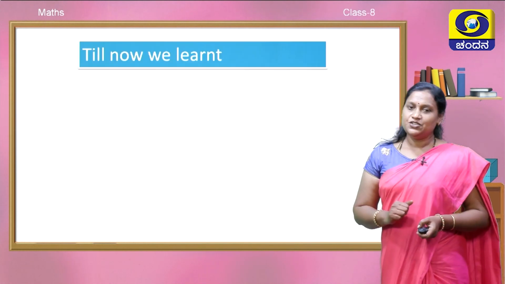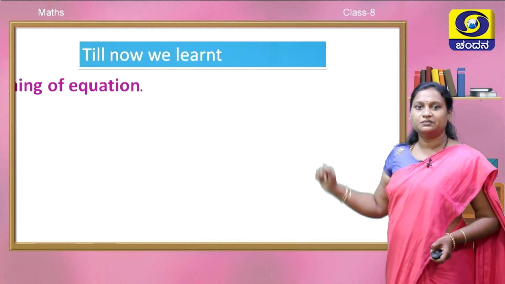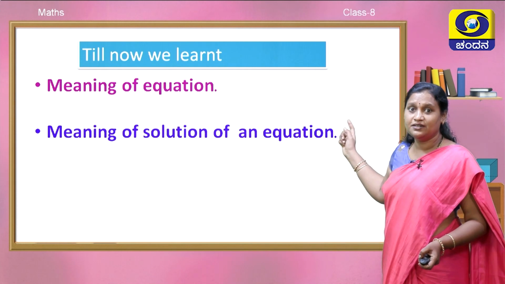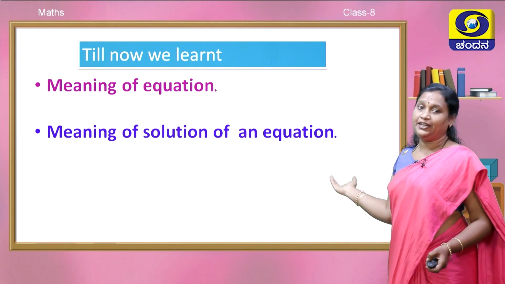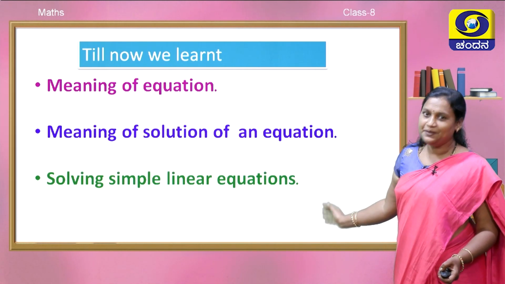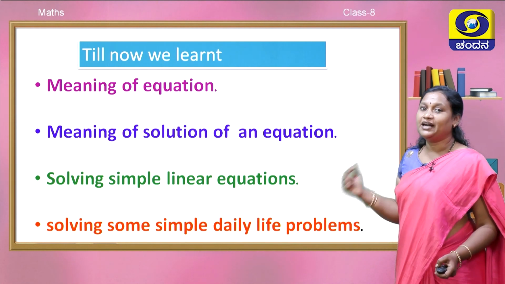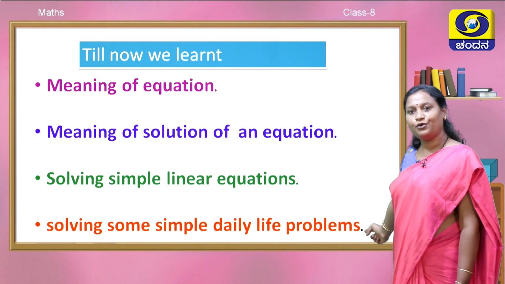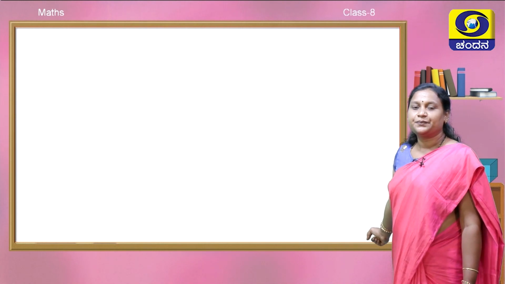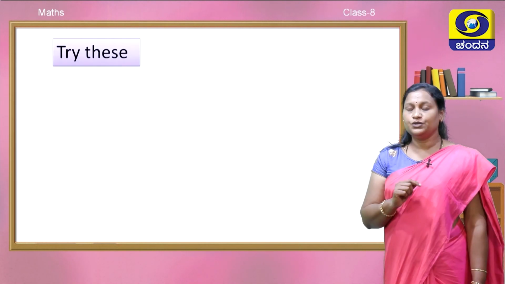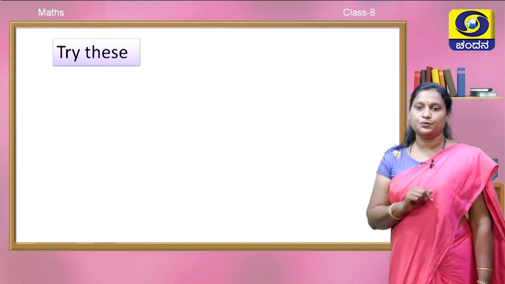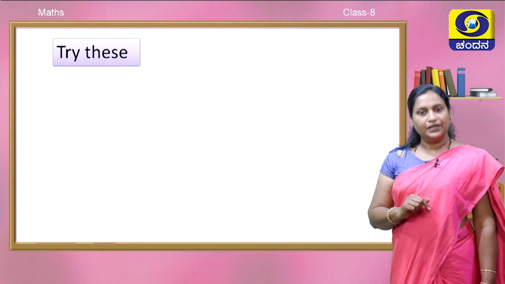Right? Dear children, till now we learnt meaning of equation, meaning of solution of an equation, solving simple linear equations, and we applied that into our daily life problems also. Now, you should also try solving some of these problems at home. Will you?